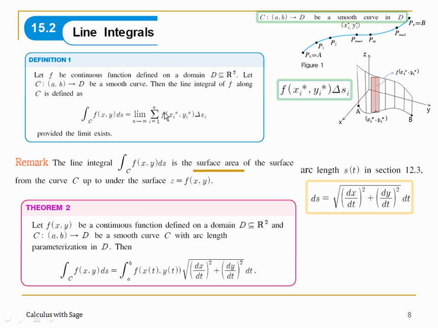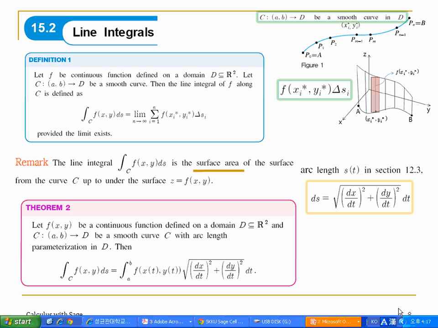The product of height and base gives the area of this one in very small distances. If we add all of them from here to here and make the intervals very small, then what does it give you?